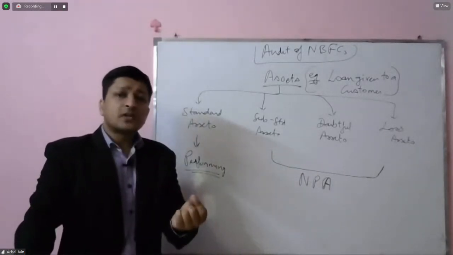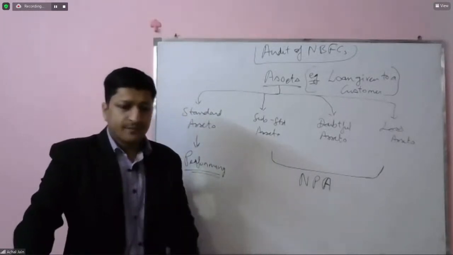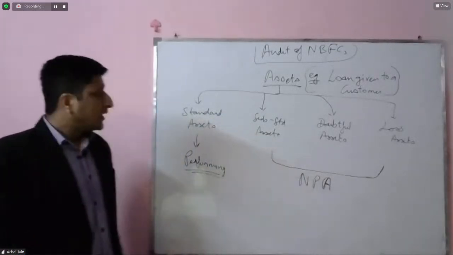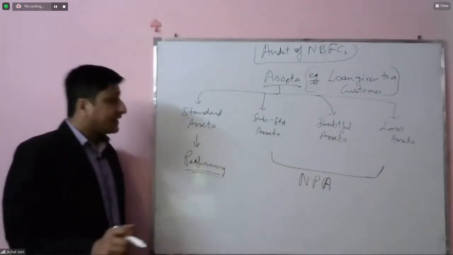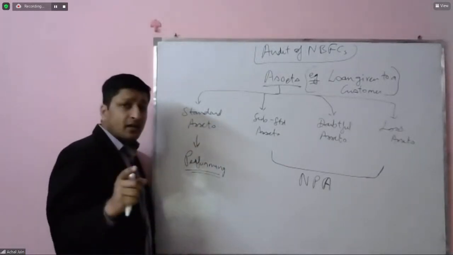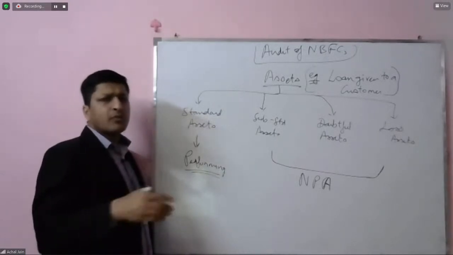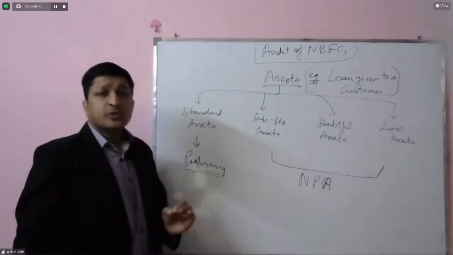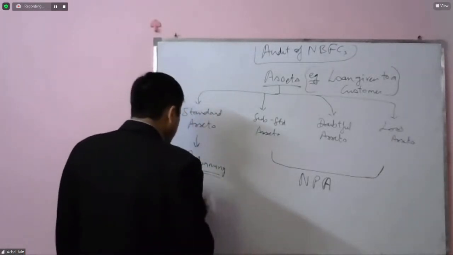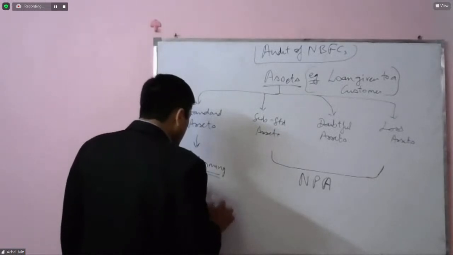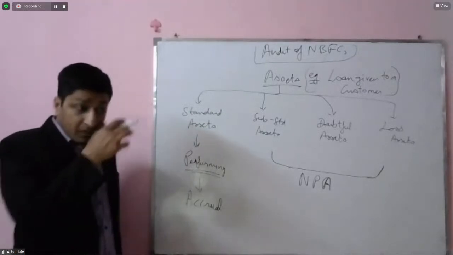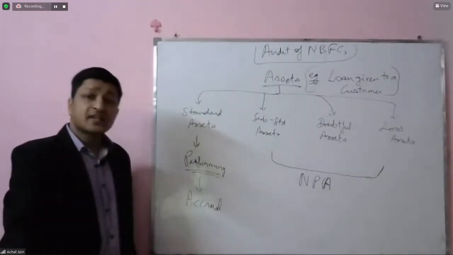And this interest is the income of the NBFC. Now, as regards the income recognition criteria, the regulations say that if the asset is standard, then the income, that means the interest income or whatever be the kind of that income, should be recognized on accrual basis. Income will be recognized on accrual basis. Why? Because its collection is not uncertain. It's collectible.